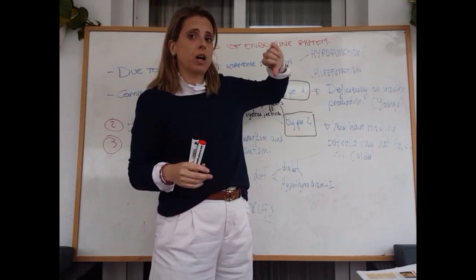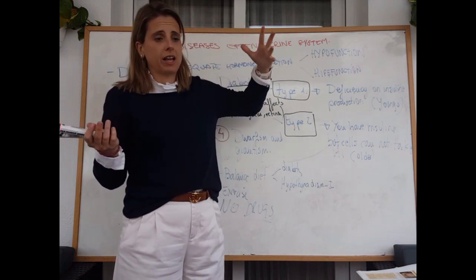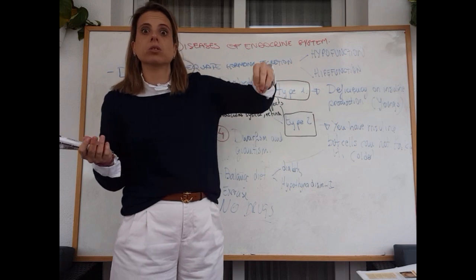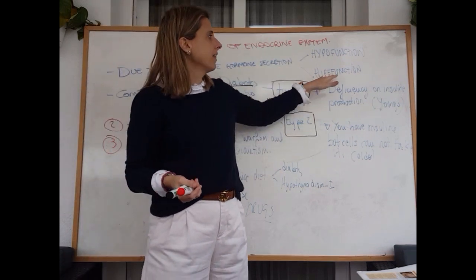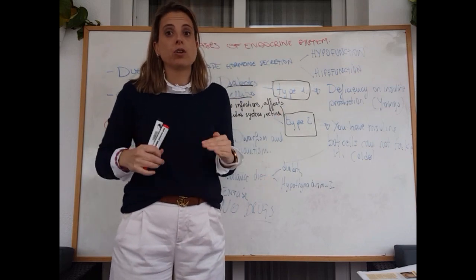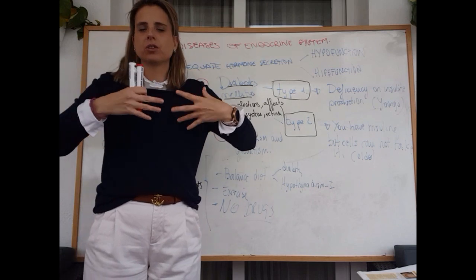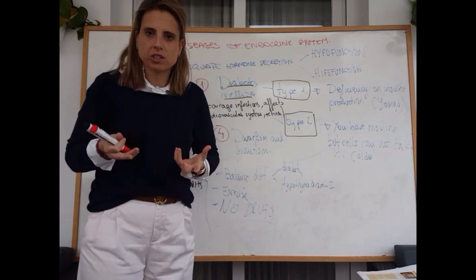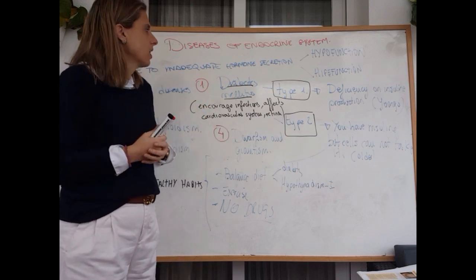Hypofunction, you have too low a number of hormones, so that hormone is not going to do its function, and we will put some examples now. And hyperfunction, you have too much of a hormone, so it's working too much and is doing too much of its function.